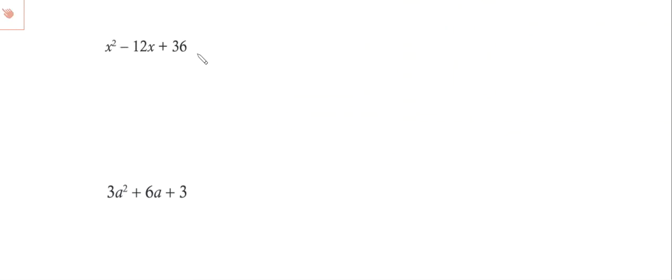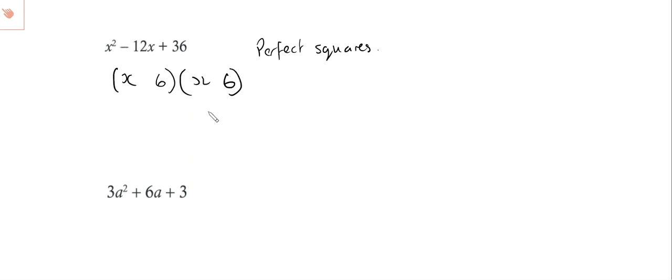No common factor. Two numbers that make I don't need to do that because I recognise this as a square number. Therefore, I'm thinking about perfect squares. Now I don't need to know about perfect squares, but if I do, it helps me go quickly because I'm going to go, that's going to be an x with a 6 and a 6.